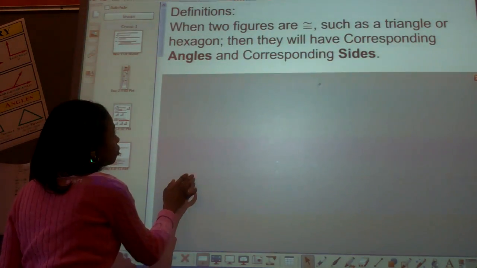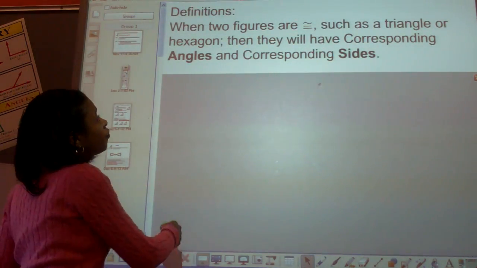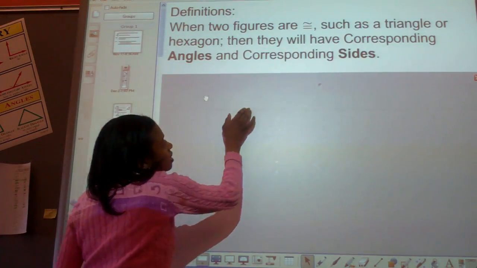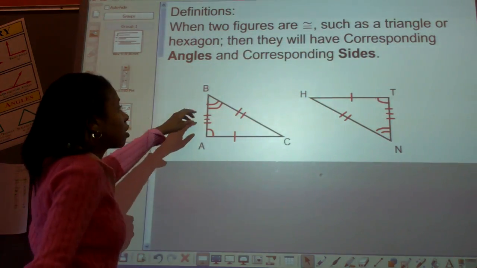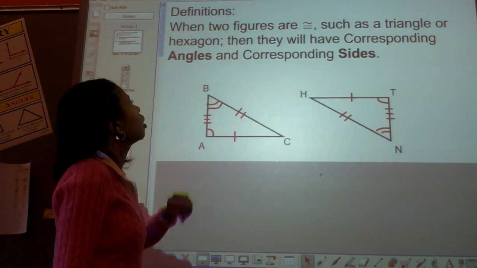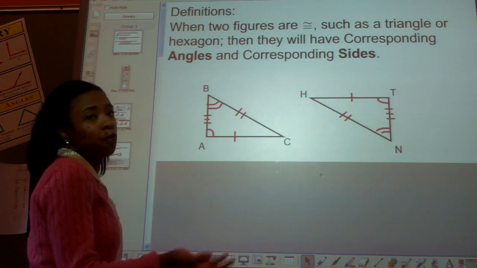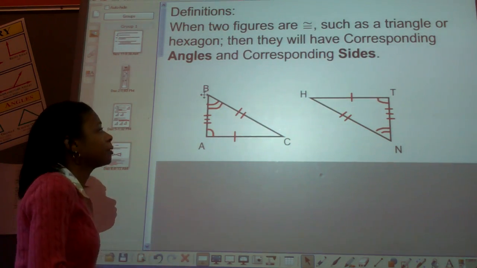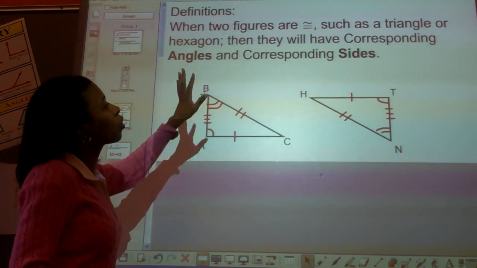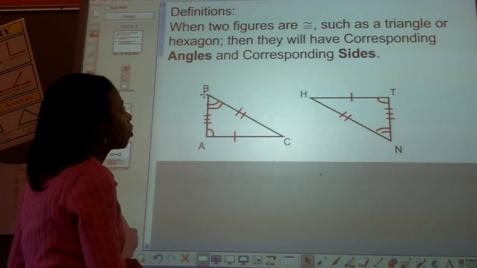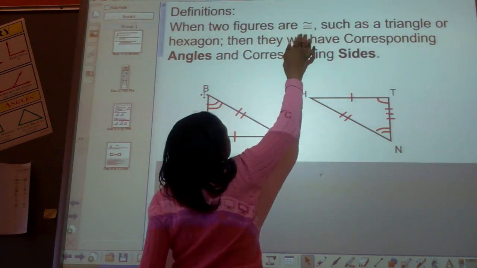In 4-2, when two figures are congruent, such as the triangles we see here, you have two triangles or two hexagons or three triangles and three pentagons or four heptagons. If they're all congruent to one another, if the two triangles are congruent, we use the congruent symbol here.